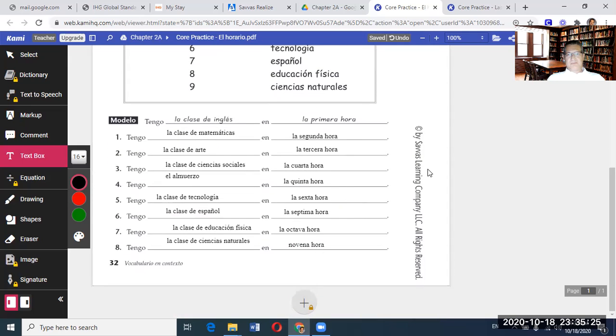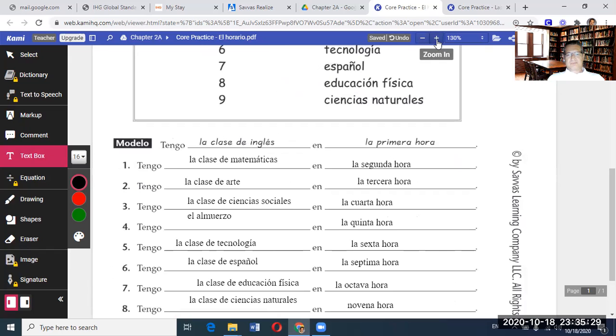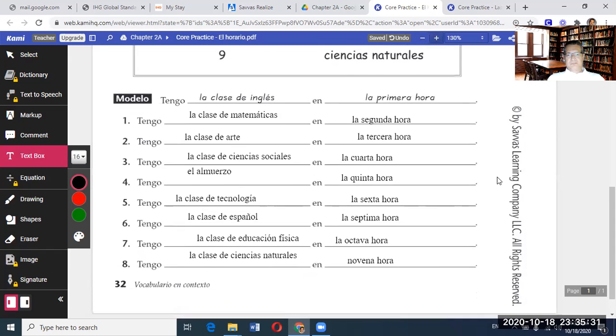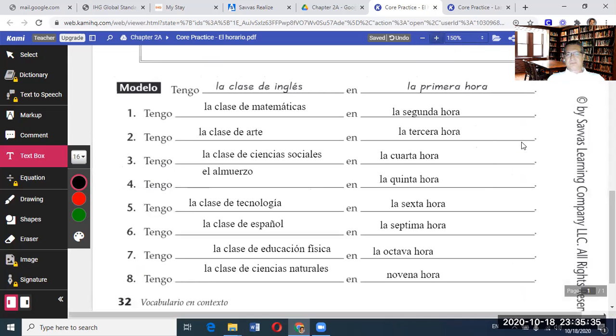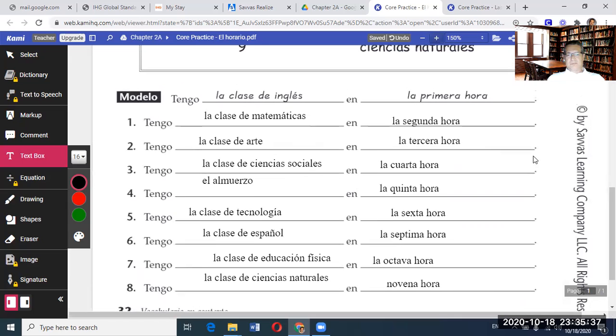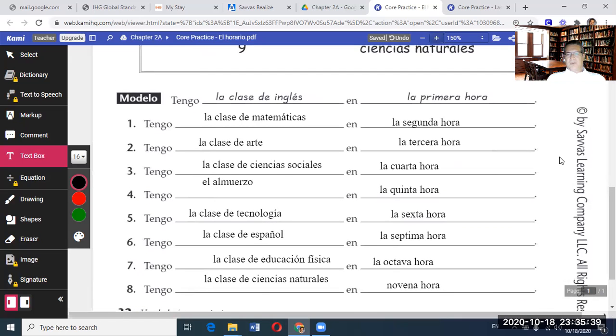Okay. So again, we're going to zoom in. Have a good view there.